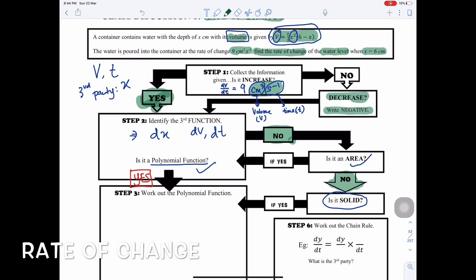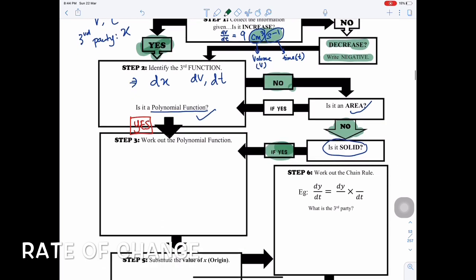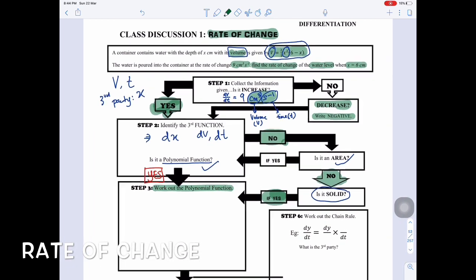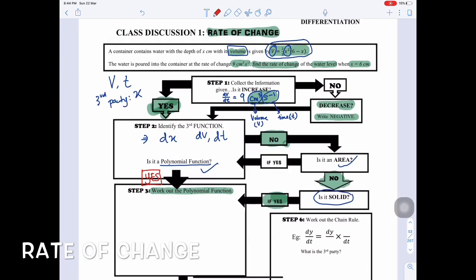Is it solid? Yes. If yes, then work out the polynomial function. Meaning you know the function is v equals 2 over 3 x squared bracket 6 minus x.